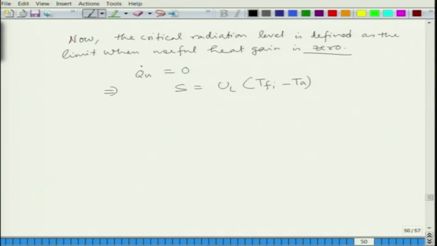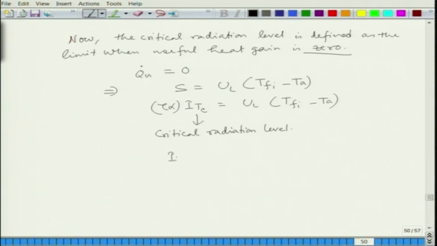Gain will be equal to loss, and this is for critical, Ic for critical will be equal to UL Tfi minus Ta over Fr tau alpha, okay. So, this stands for critical radiation level.